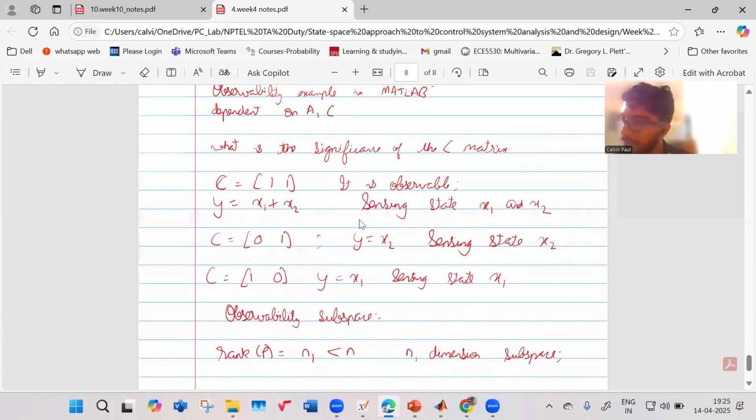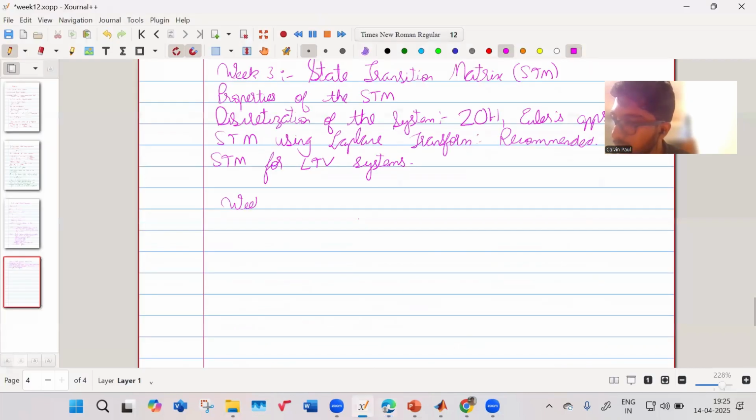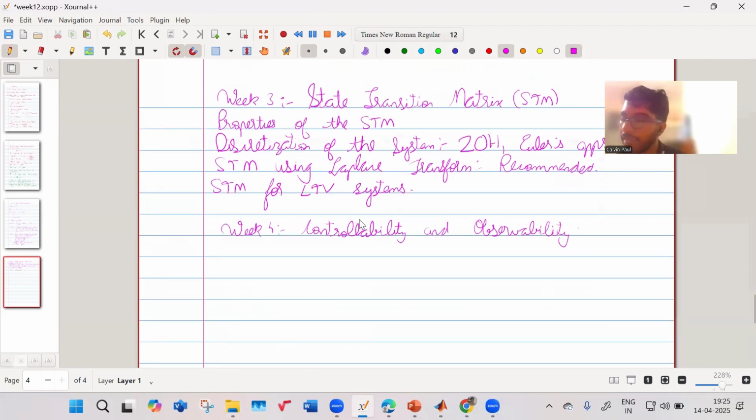So week 4 is related to controllability and observability. Controllability and observability, as well as what is the matrix.